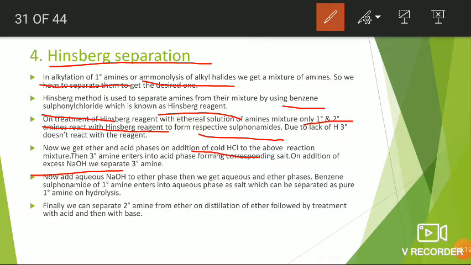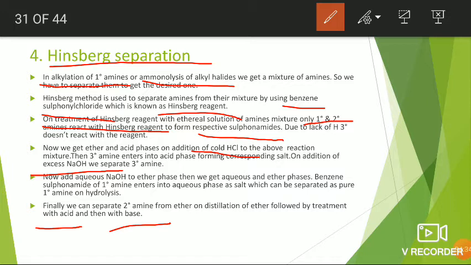On distillation, the ether gets evaporated, and we get only the secondary amine sulfonamide. On treating this secondary amine sulfonamide with acid followed by base, we get pure secondary amine.